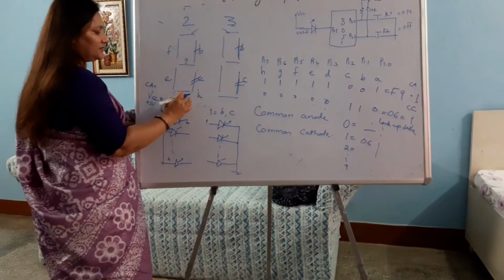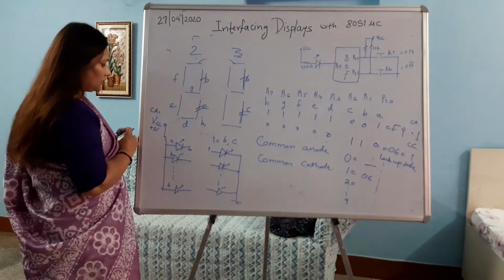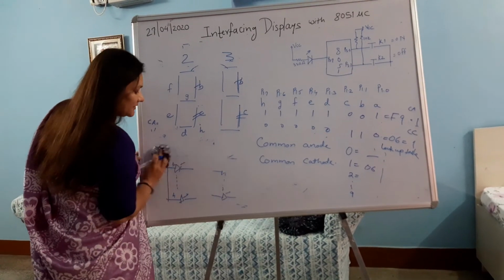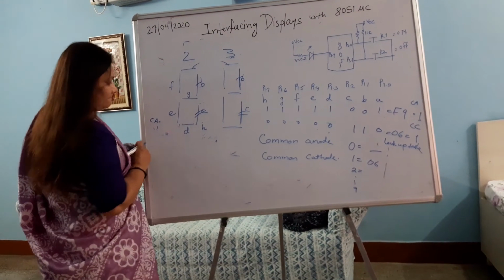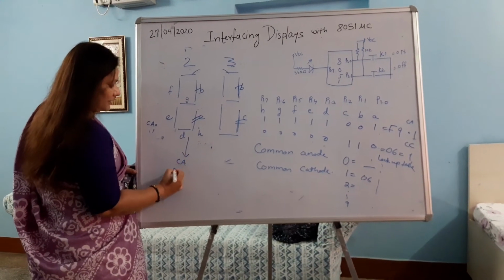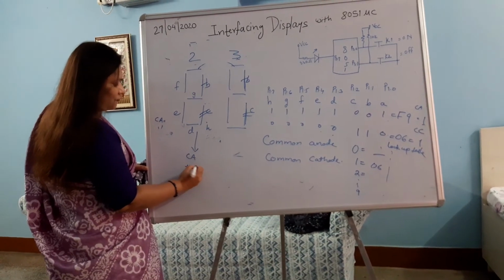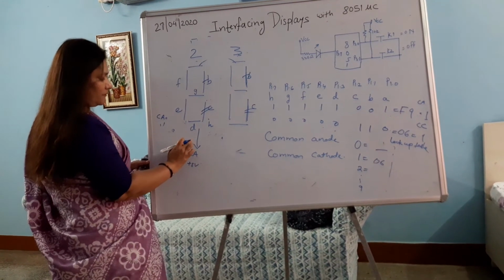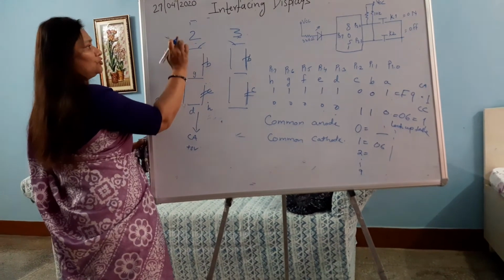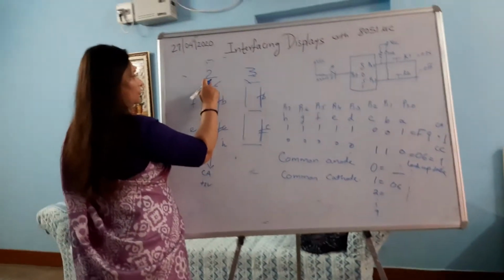If my display is common anode type, then I have to put the common anode only to this particular display. Common anode type configuration we are talking about. So I have to apply 5 volt to this common anode of only this display, and your pattern is 2. So the 2 pattern will be available on this also, and it will be available on this also.